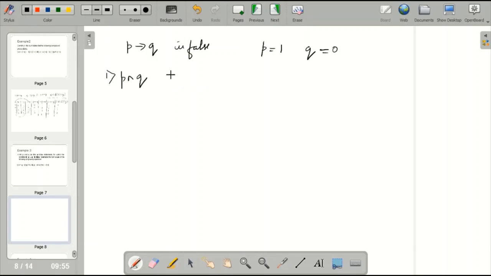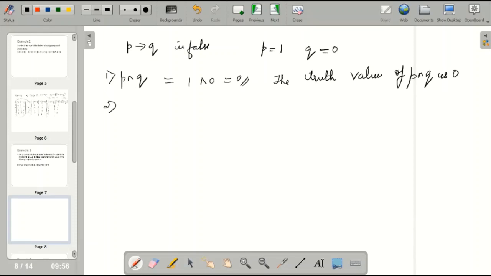What will be the P and Q? The truth value of P and Q is 1 and 0. So the truth value is 0. You just need to write the truth value of P and Q is 0.